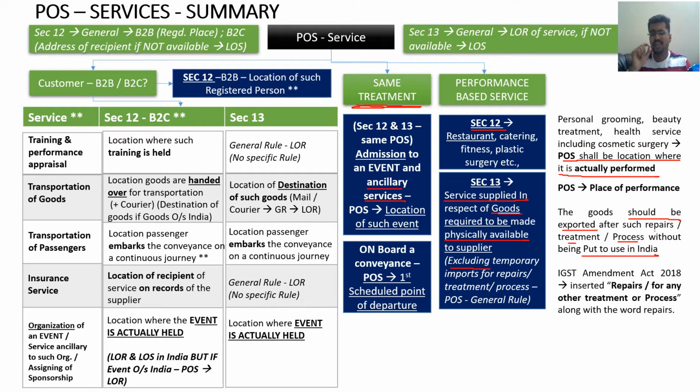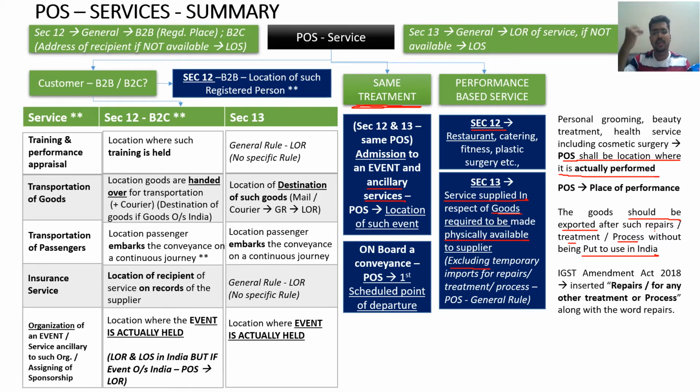So why this exclusion is there? It is quite simple. Generally, if this exclusion was not there, just imagine the scenario. Let's say there is a machine which is coming into India for repairs purposes, and you are repairing the goods and sending it outside India.